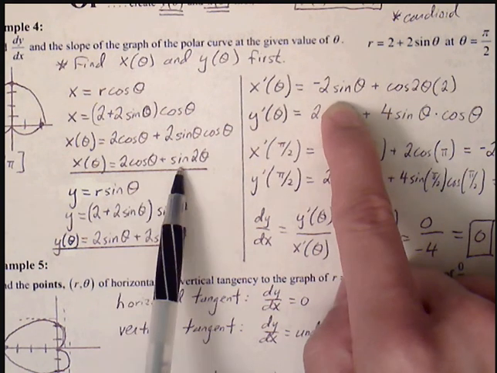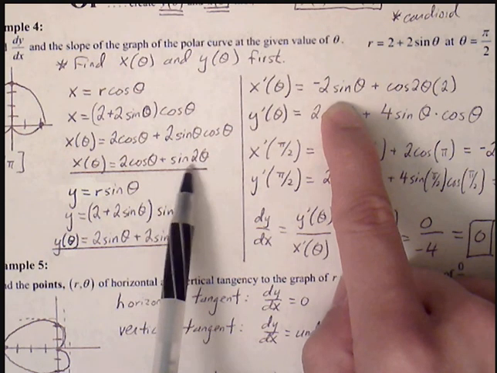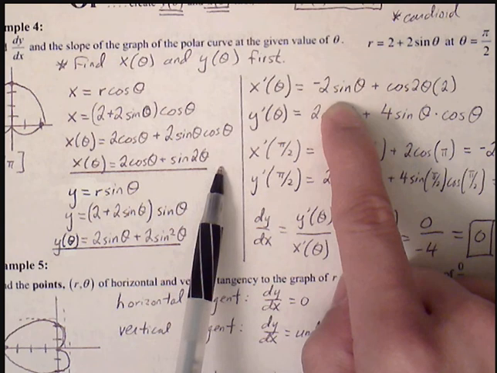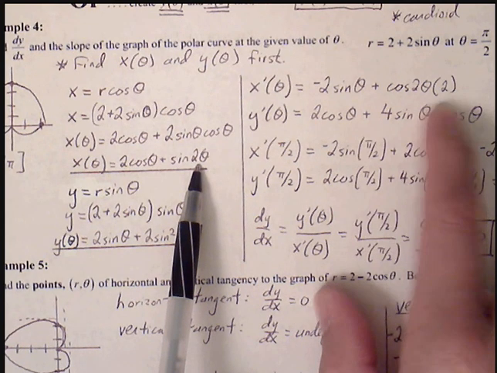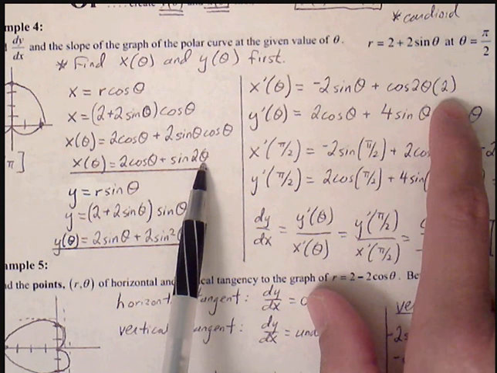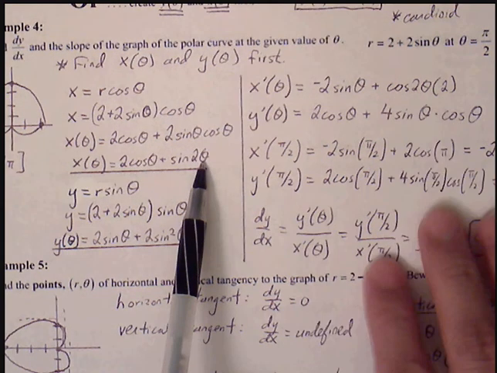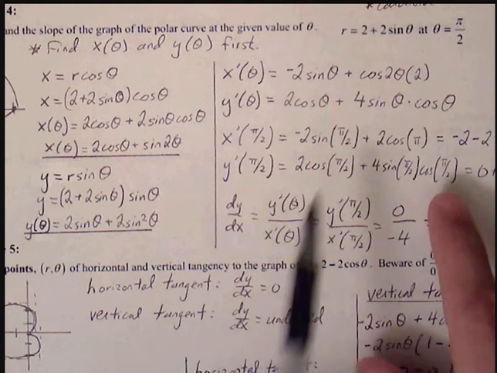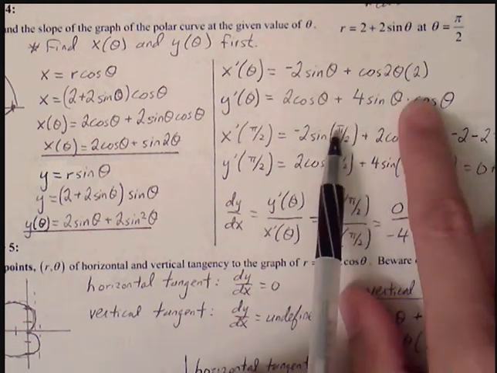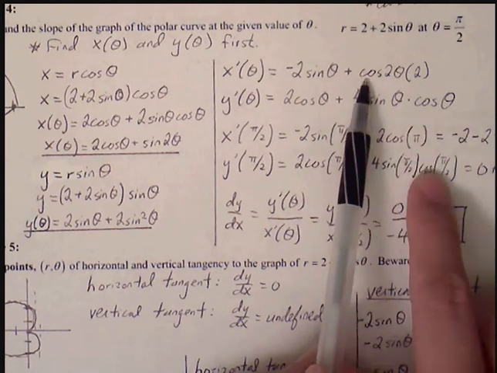Okay? Sine of 2 theta, remember the derivative for sine of u is cosine of u times u prime. The derivative of 2 theta is 2, so I can pull that out in front to make this 2 cosine of 2 theta.